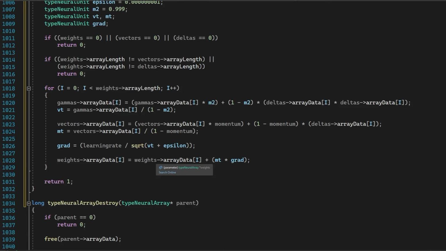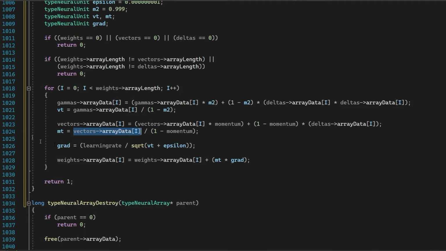Okay, so let's see if we got this right. Gammas equals 1 minus m2. v_t equals gammas divided by 1 minus m2, and vectors equals previous vectors times momentum plus 1 minus momentum times the deltas, the derivatives. m_t is a vector, a correction for whatever the vector was before.